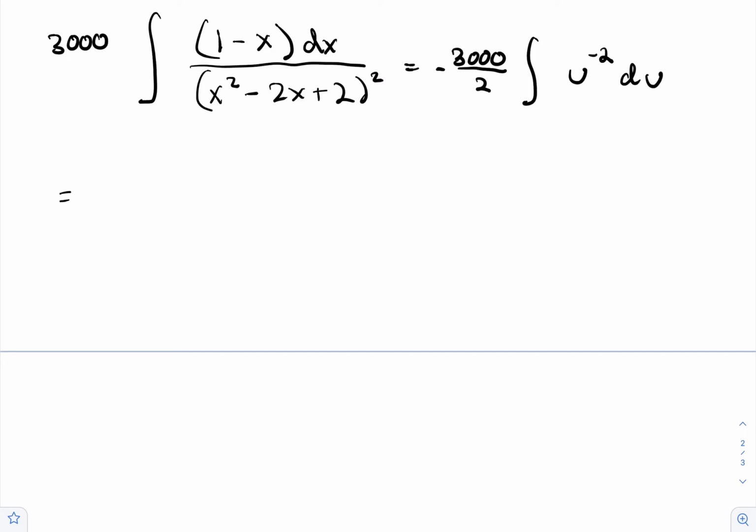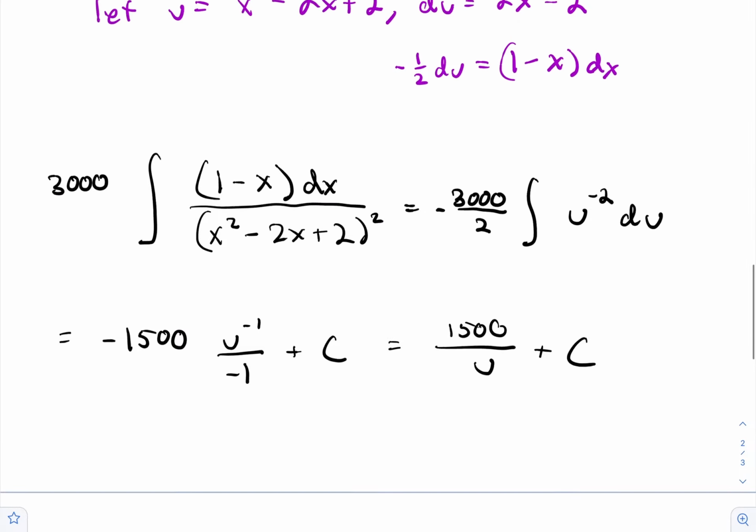So it becomes negative 1500 times the integral of u to the negative 2, which becomes u to the negative 1 over negative 1, plus some constant. If we account for these changes, we get 1500 over u plus some constant.